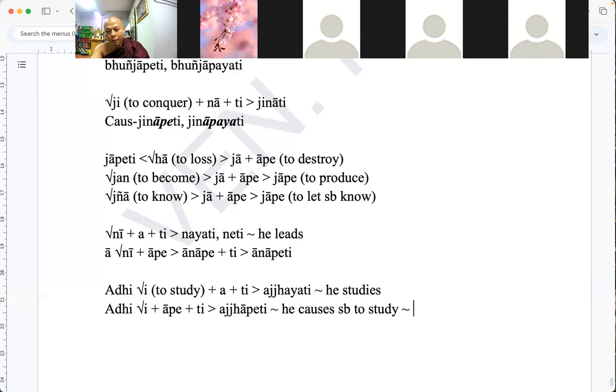That means he chants, he recites, to make somebody study or recite. He chants in this way. Yeah, this one also you can find.